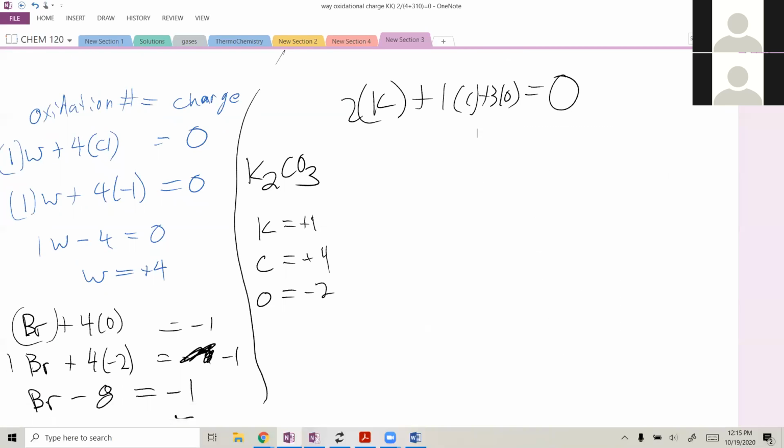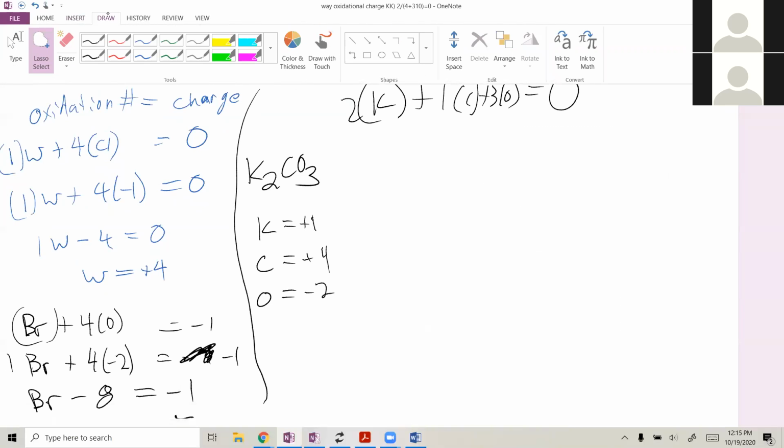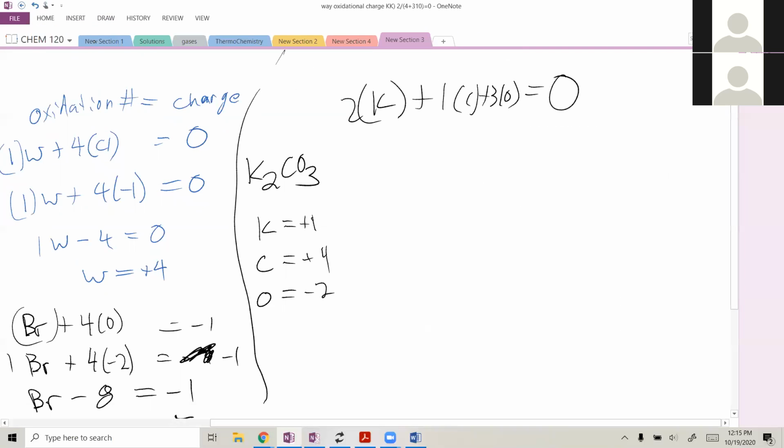If we want to do it all at once, then what we want to do is start to piece together the parts that we know. And so we know oxygen should be a -2 charge. Then we're looking at potassium. And so we know that the oxidation state of potassium is almost always a +1 because it's an alkali metal, right?